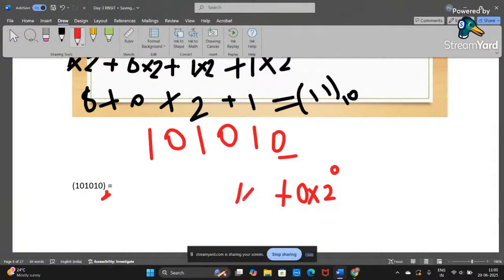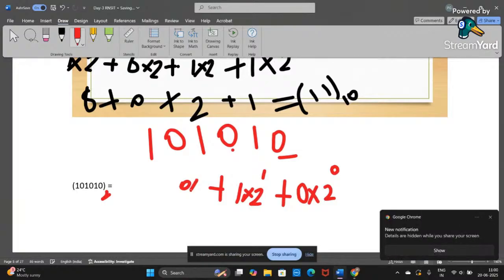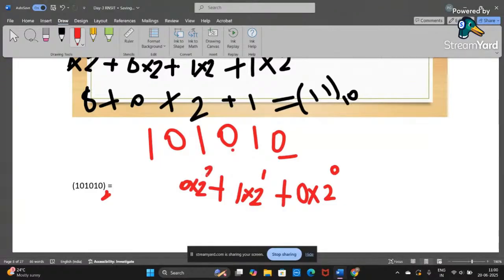Next, take the next number, 1 into 2 to the power 1, plus next number 0, 0 into 2 to the power 2, plus next is 1, 1 into 2 to the power 3, plus next is 0, 0 into 2 to the power 4, plus 1 into 2.